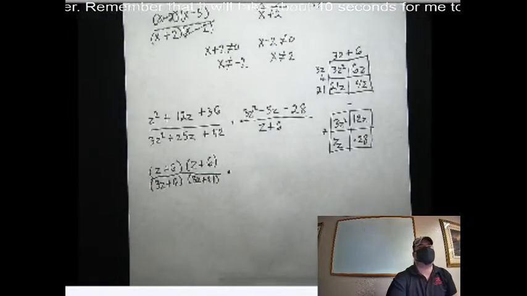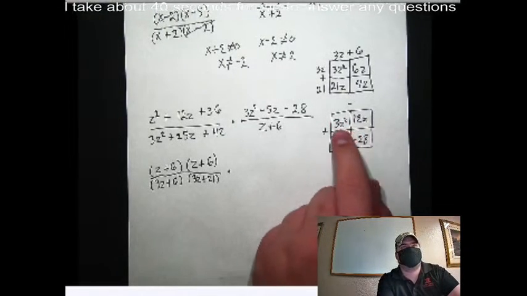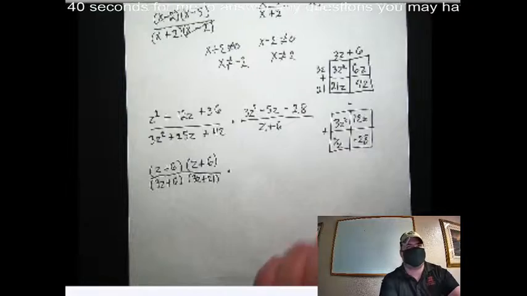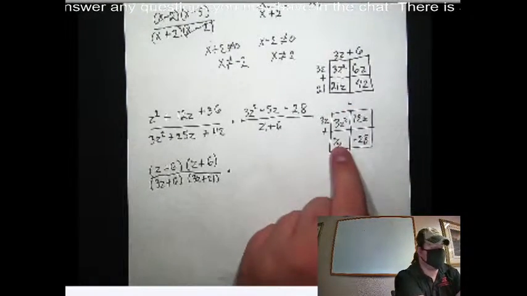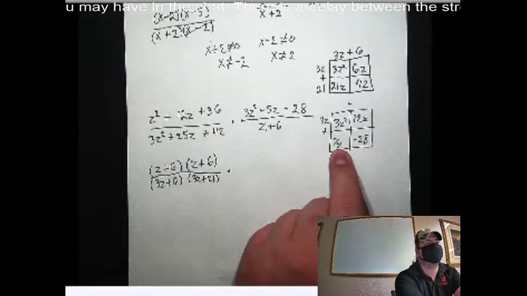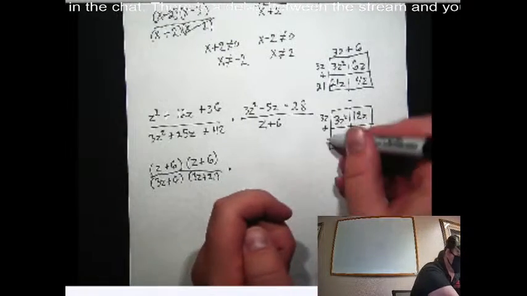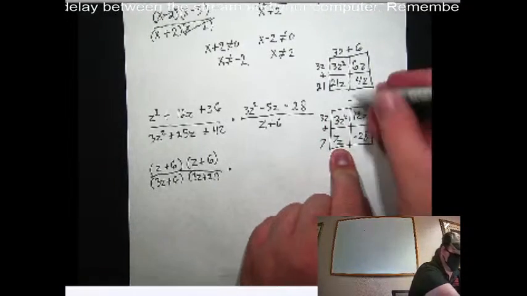Now let's find the factors they have in common. So, first row, what do they have in common? 3z. Second row, 7. First column, z.